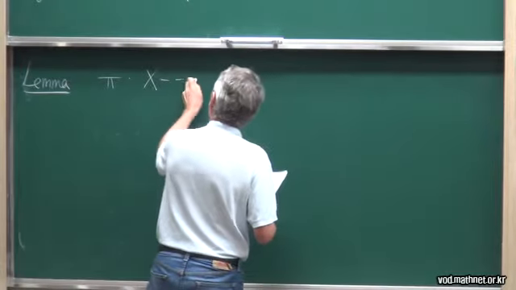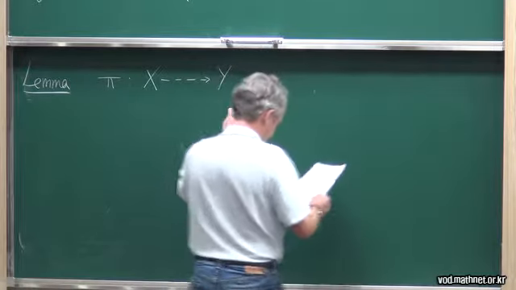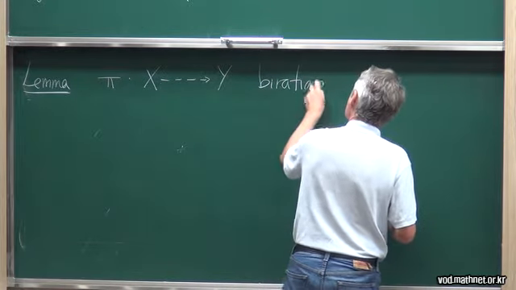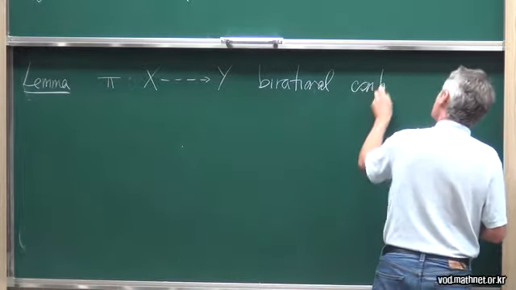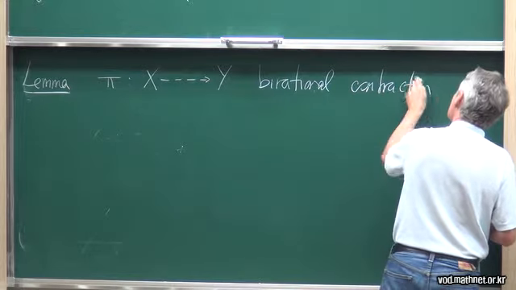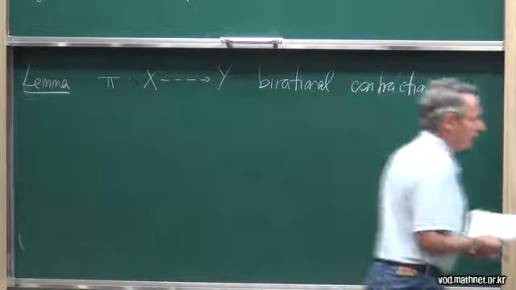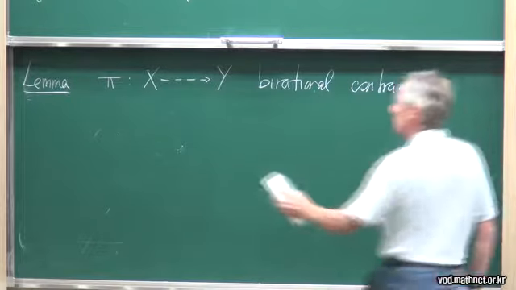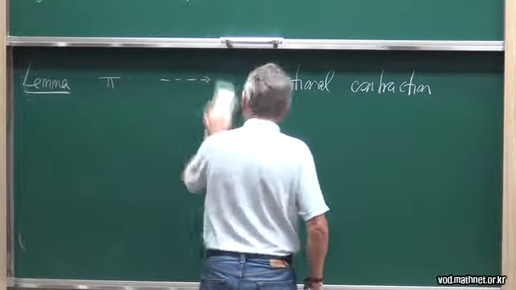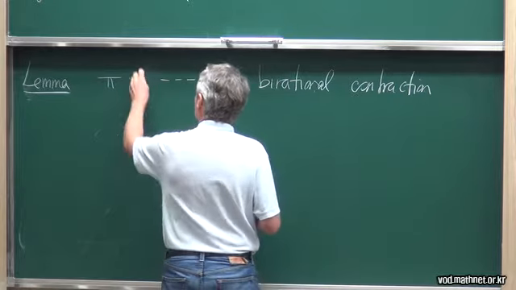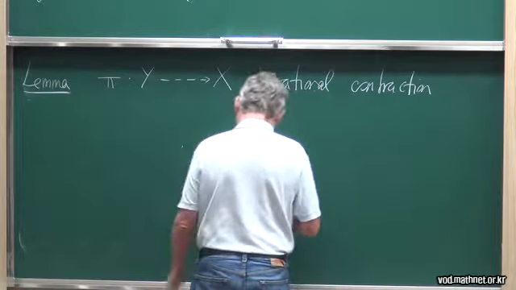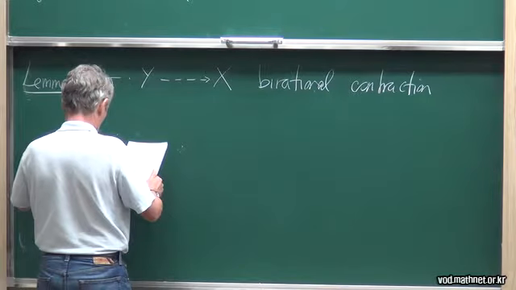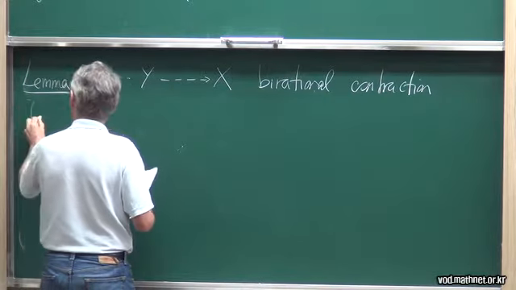So suppose you've got x to y, a birational contraction. Actually, maybe I'm going to regret this, but let me change that to y to x. What does that mean?